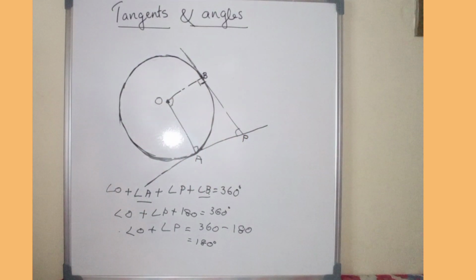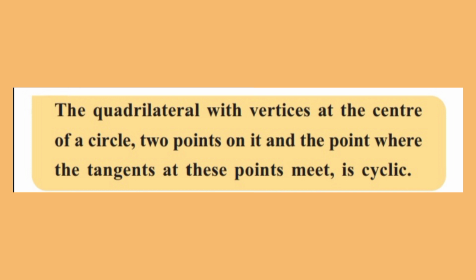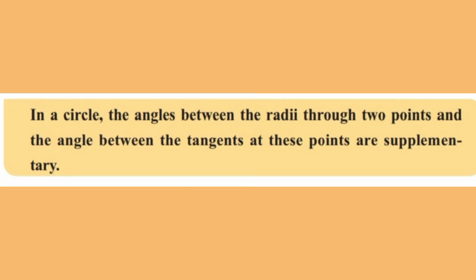The angle is 180 degrees. One more result: in a circle, the angle between the radii through 2 points and the angle between the tangents at these points are supplementary.